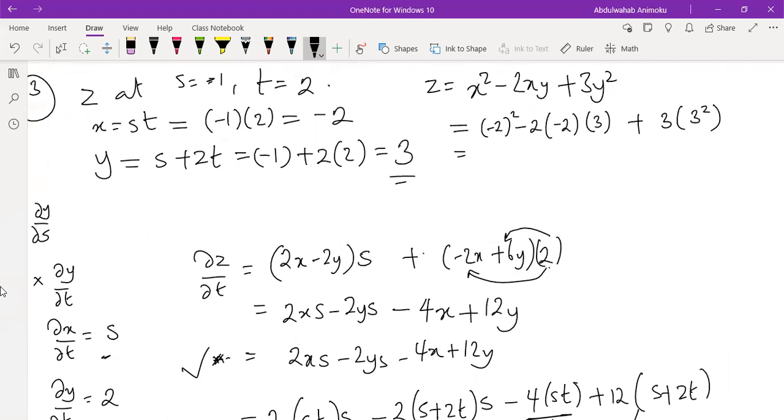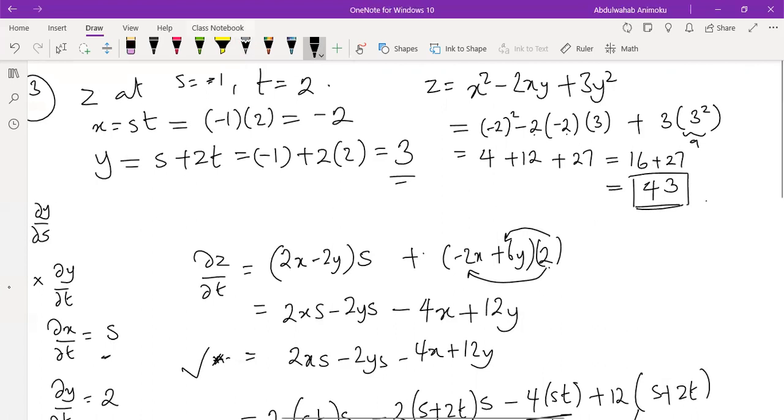So now -2 squared is just 4, minus 2 times -2 times 3, that's plus 12. Then you have plus 3 times 9, so that's 27. So when you add this together, you have 4 plus 12 plus 27, which gives us 43. So this will be the value of z when s is -1 and t is 2, okay? All right, so that would give us the value of z. So this is this last problem.